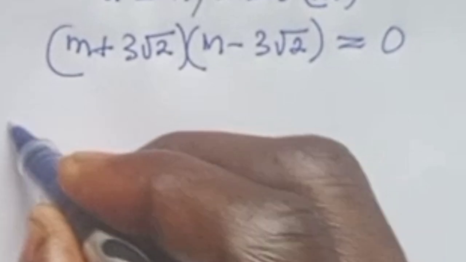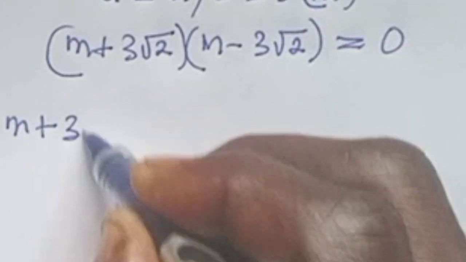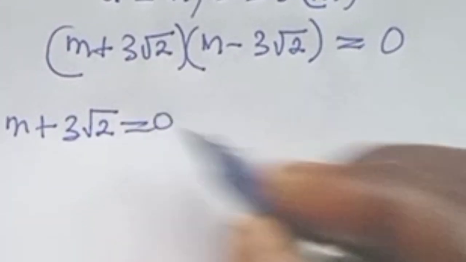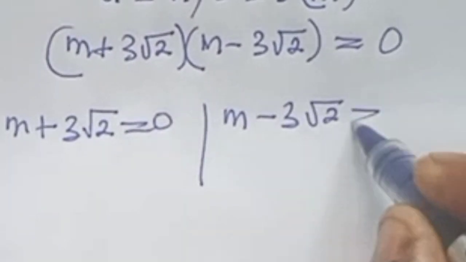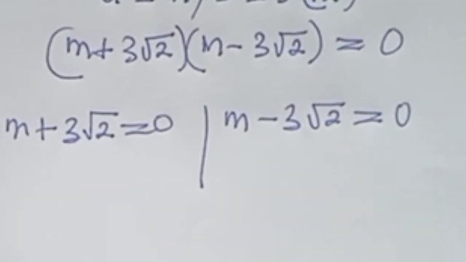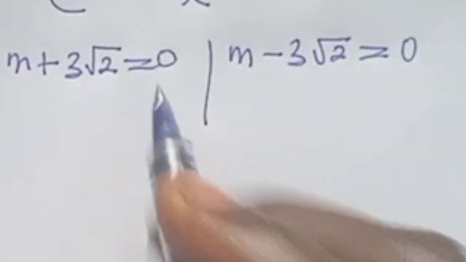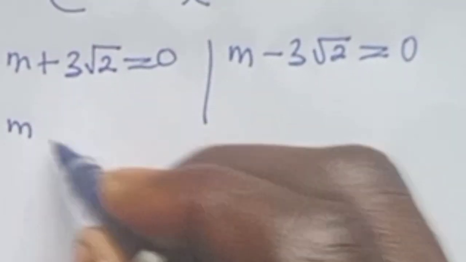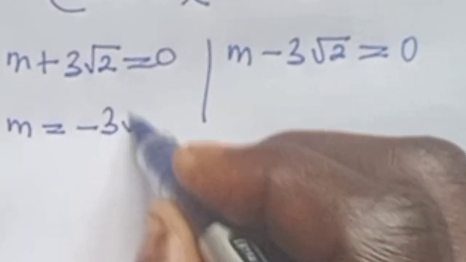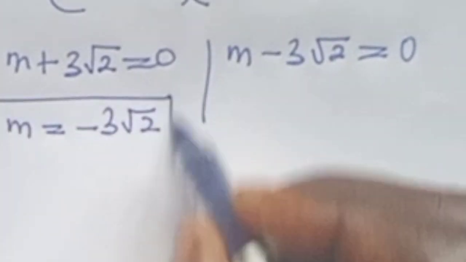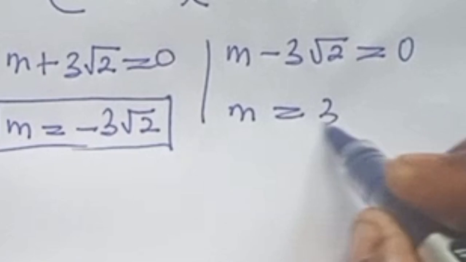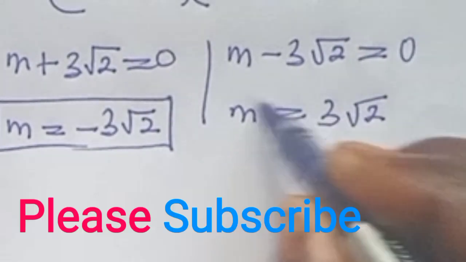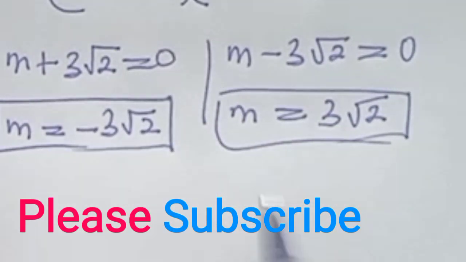The first part says m plus 3 square root of 2 is equal to 0, or m minus 3 square root of 2 is equal to 0. So from here, m is equal to minus 3 square root of 2, and m is equal to 3 square root of 2. And these are the two values of m that can satisfy the equation.